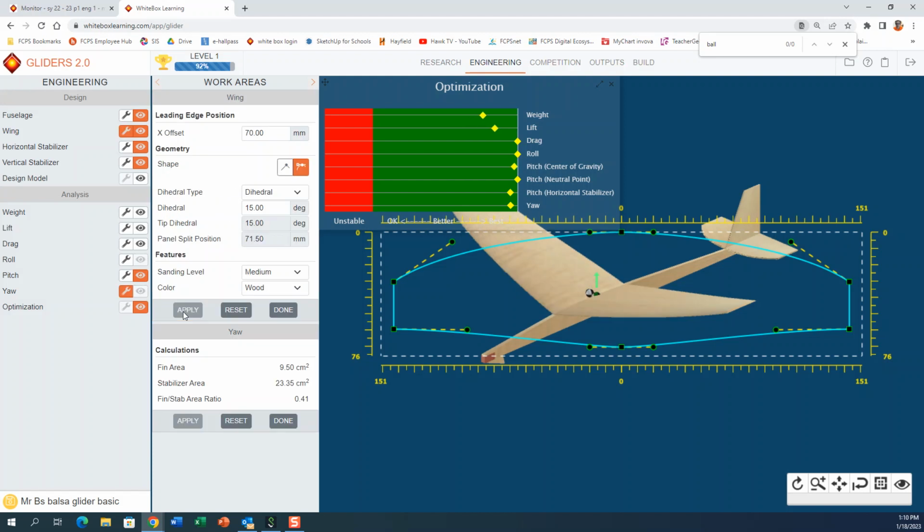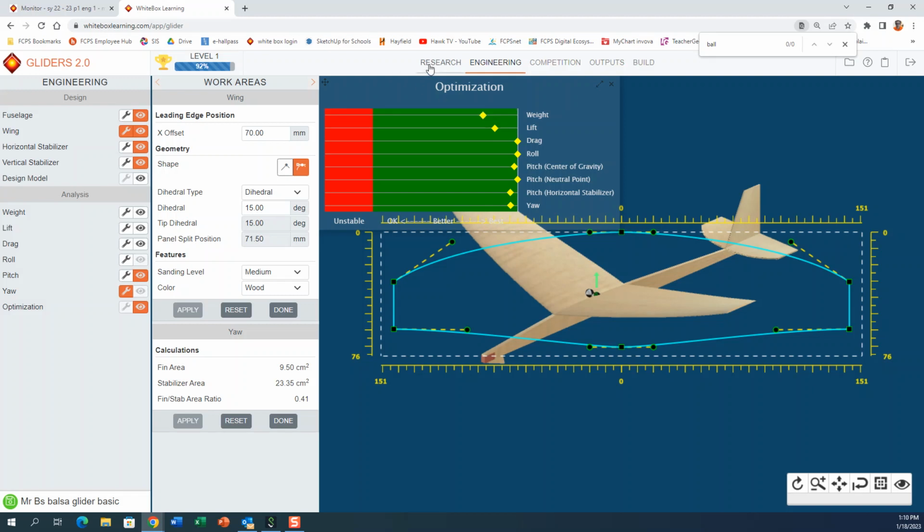Everything got better. Why? Well, our plane got lighter. Notice how our weight score improved? Makes sense. When you sand a piece of wood, that sawdust that comes off of the wood weighs something, so the wood weighs less. And our edges now are curved.